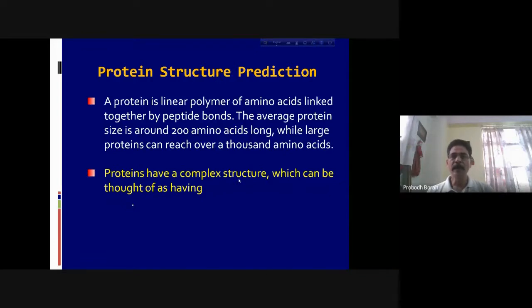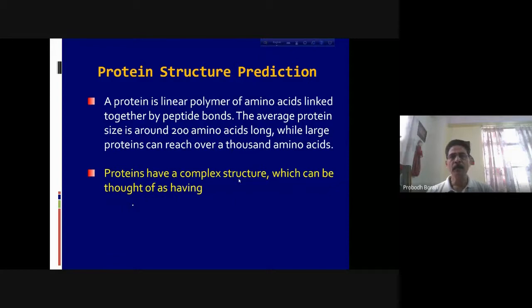So both these physical experimental techniques can give rise to experimental models of protein structure, which are more accurate than prediction of structure by bioinformatics tools. But the fact is that these two methods of protein structure determination by experimental method have certain disadvantages. That means they cannot be done in all circumstances.